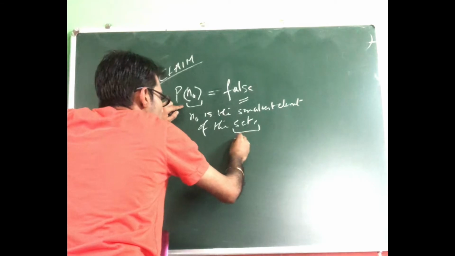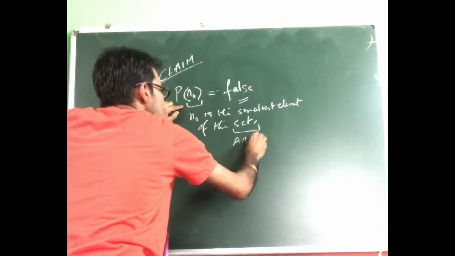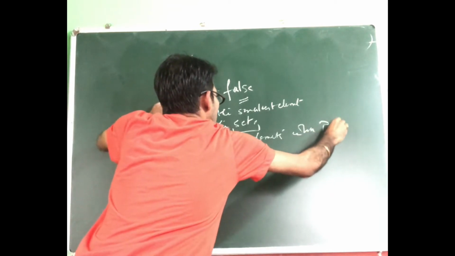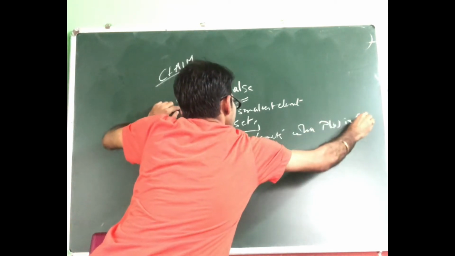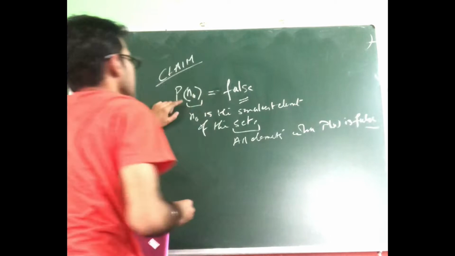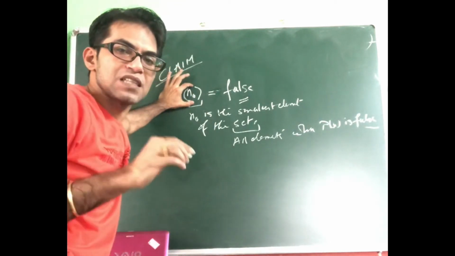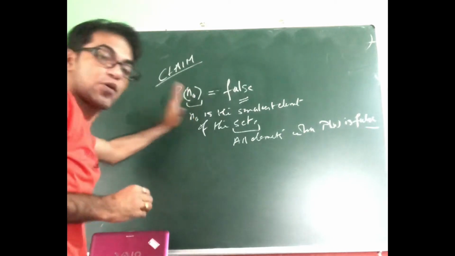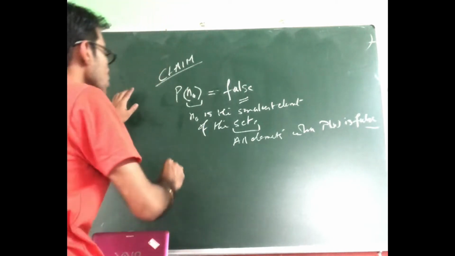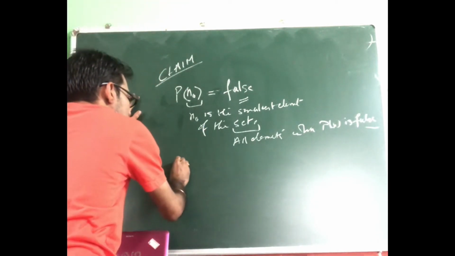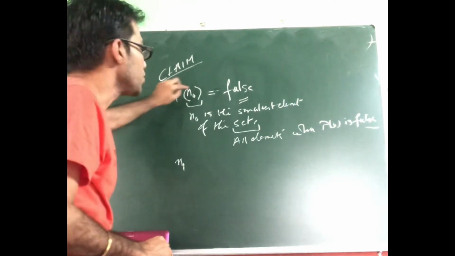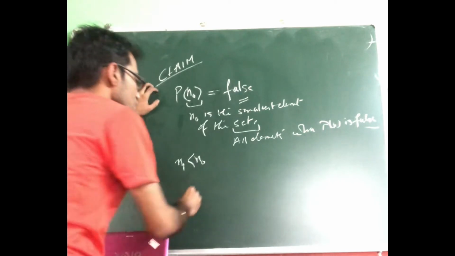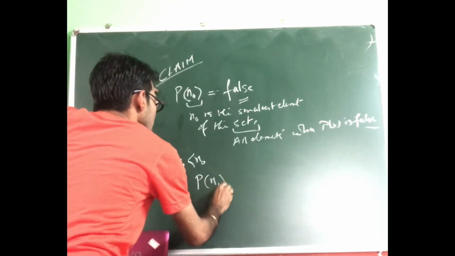This is the set of all elements where P of n is false. So this is the first element or the least element where the statement won't hold true, and all the elements prior to that should hold true. So if, let's say, n1 is an element which is less than n0, Pn1 is true.